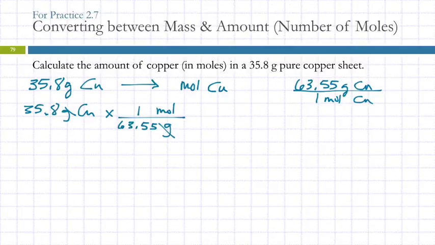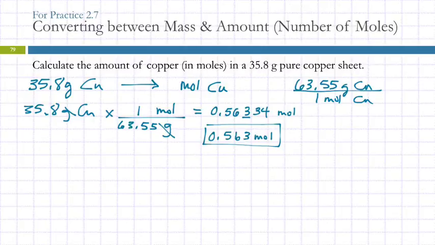So the units tell us that we're dividing. 35.8 divided by 63.55. I get a whole mess of digits here. I'm going to keep 2 extras. So I should have 3 sig figs. So 0.563, and then I'm going to write down 2 more. And the unit would be moles. And then I'm going to round it for my final answer, 0.563 moles of copper.